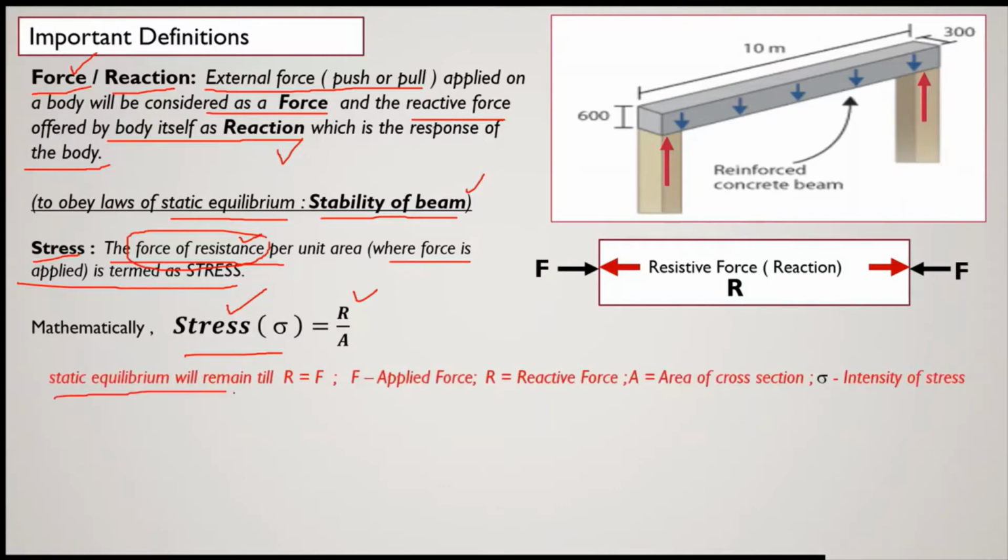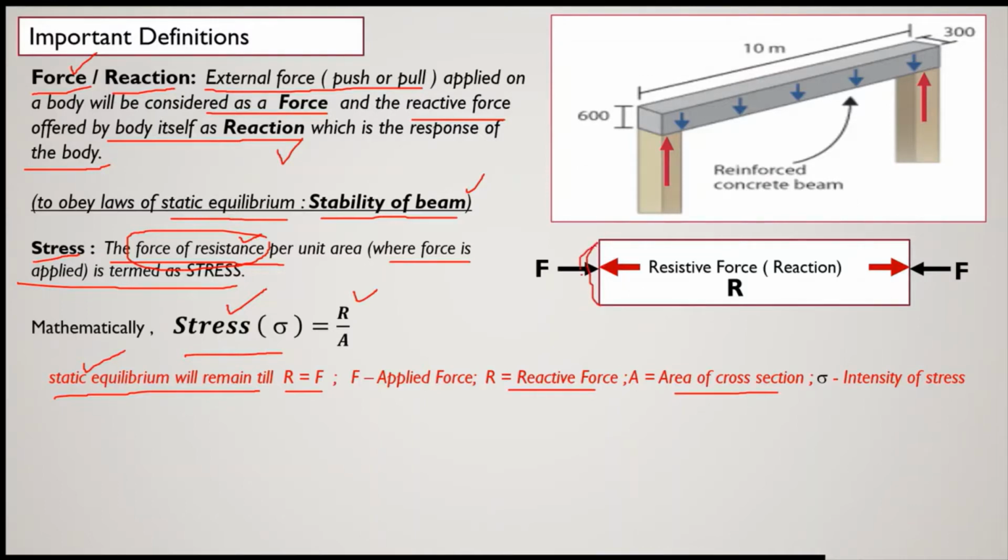So static equilibrium will remain till R is equal to F. And till R is equal to F, there will be no deformation. When there is no deformation, it is static equilibrium, where F is the applied force, R is the reactive force, and A is the cross-section area. Now this is a structural member, so it may be like this.